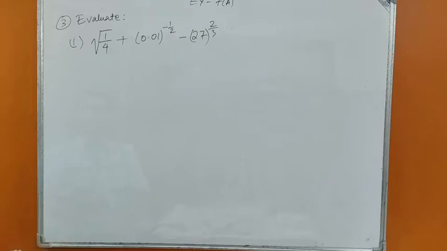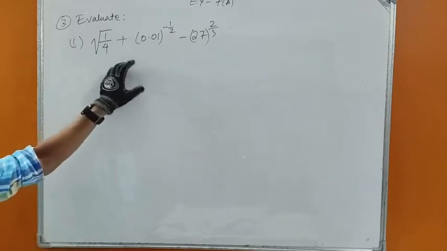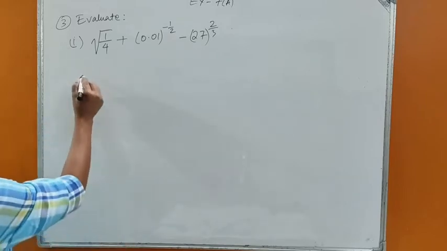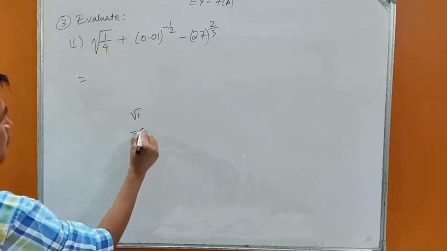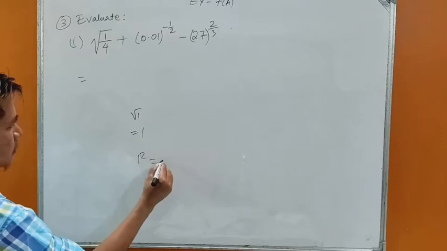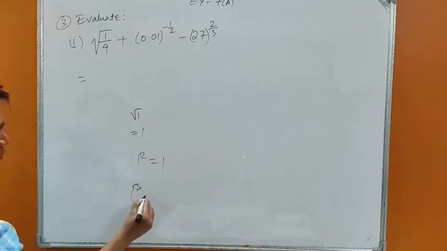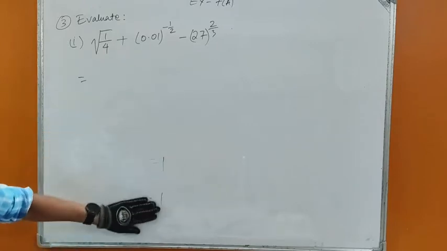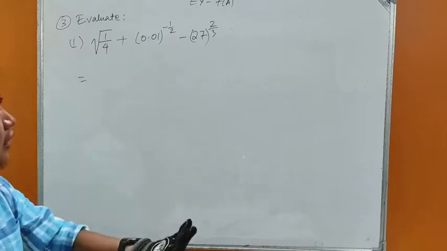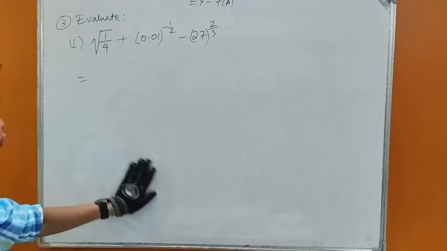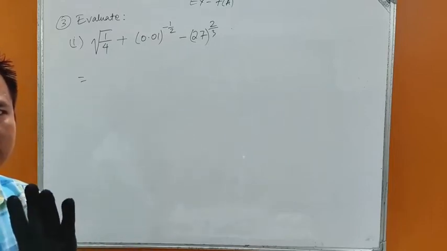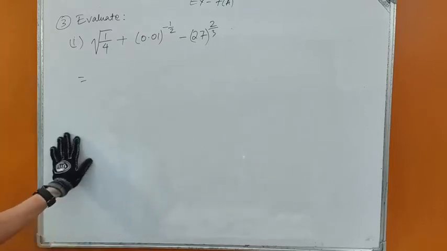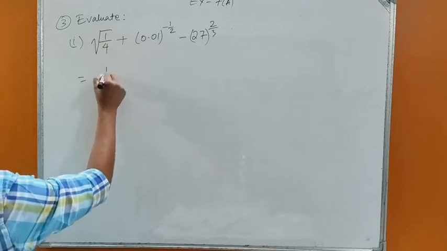Evaluate means we are asked to find the value of this expression. Root under 1 means 1, square of 1 is 1, cube of 1 is 1. Whatever you do to 1, unless you multiply with 0, it will always remain 1.